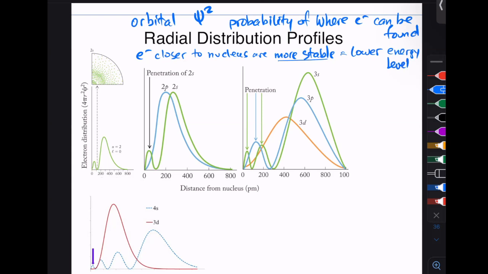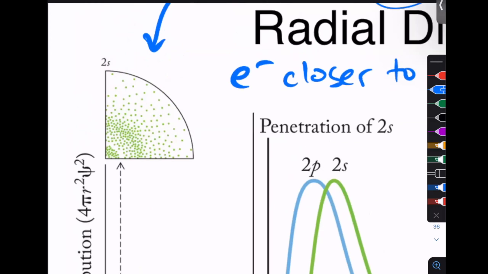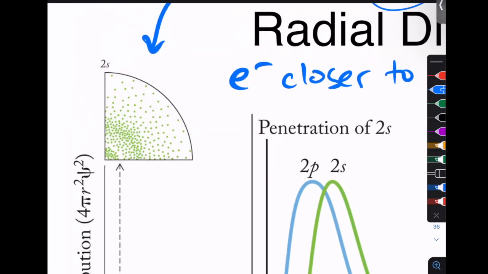Now, in the upper left-hand corner here is shown kind of this probability. If you were to take the square of the waveform and kind of map out its theoretical distribution, you would find something like this. This is just a quarter of a sphere. So imagine that this is a three-dimensional sphere that we're describing the overall energy level.